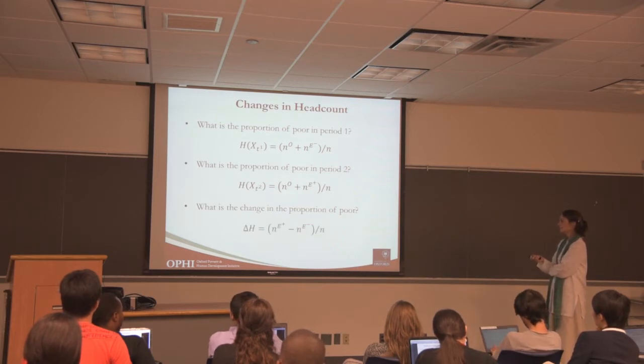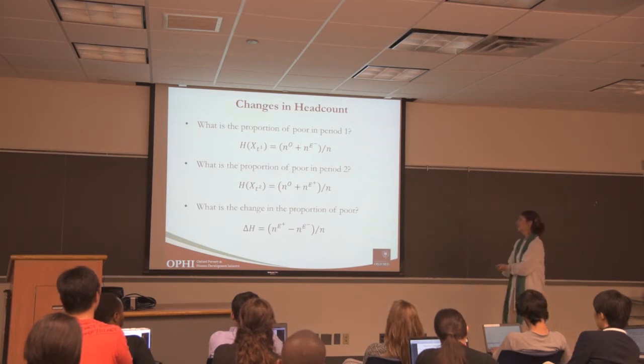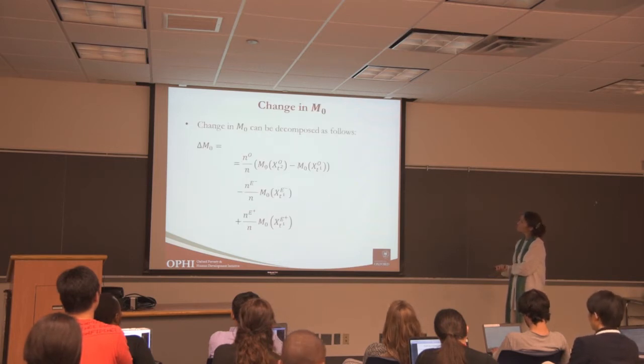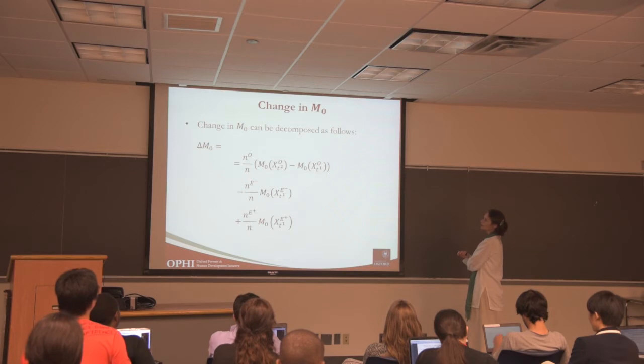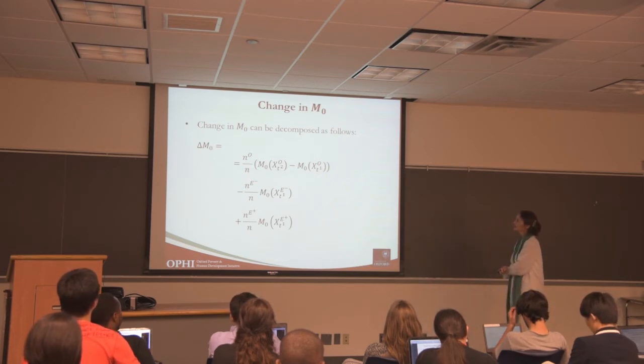So the difference between those who exited and those who entered as a proportion of the total population is, in a sense, the change in the proportion of poor people, which is impossible to obtain with that precision for cross-sectional data. And when you have that, you can then also decompose M0 to look at the extent to which changes in M0 were caused by these different kinds of transitions in different groups.